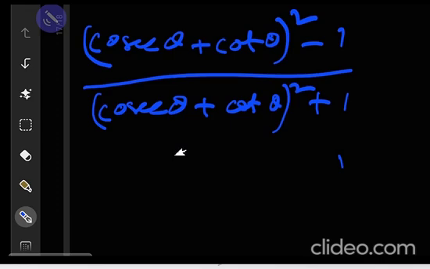First, let us expand this one, and then we'll go with the other one.